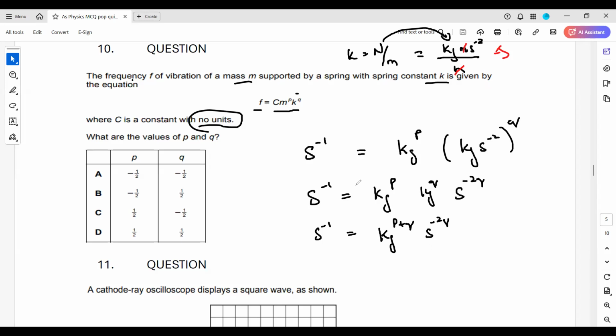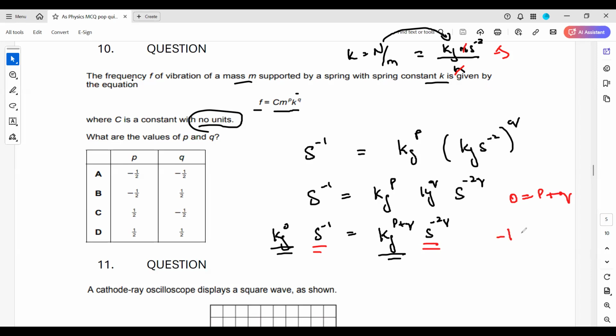Now it's just a comparison because there is no kilogram on the left-hand side, so the power of kilogram is 0. Here the power of kilogram is 0 and here it is P plus Q. So the first equation is 0 equals P plus Q.